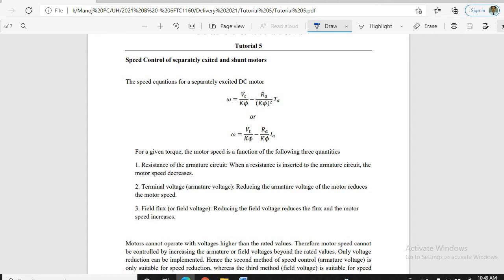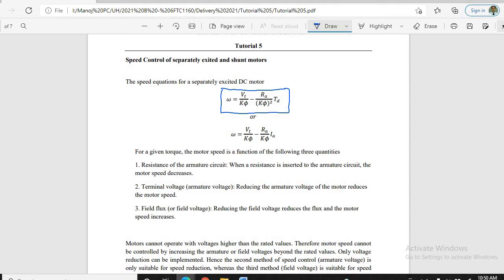So today we will take a look at the torque and speed characteristics. Here we have two more important equations. The speed omega is equal to the terminal voltage divided by K phi, minus RA divided by the squared of K phi, into the torque.